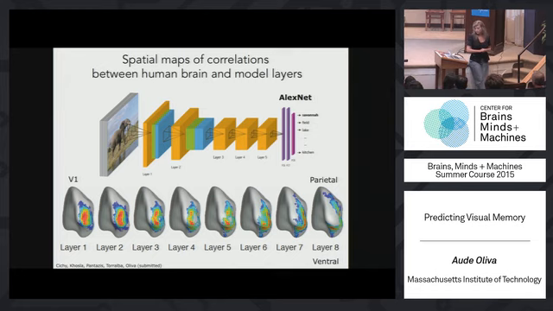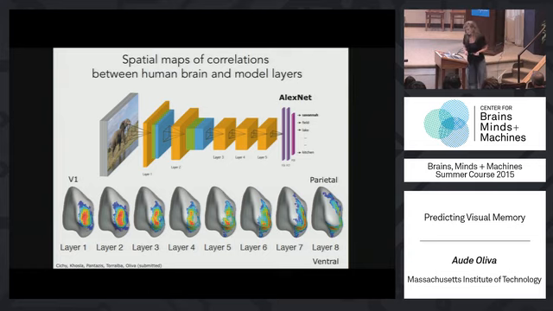So what you can also do is run the same image through a network and in an fMRI experiment, and then look at the correlation between the responses of the cells, let's say in layer 1, and the responses you may have in different parts of the human brain.